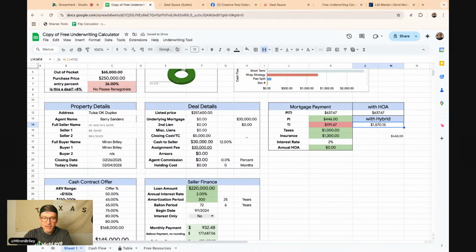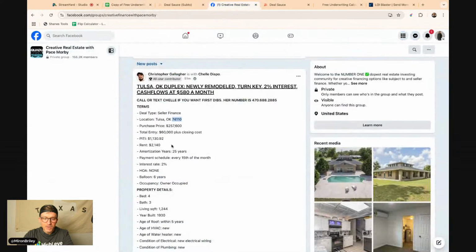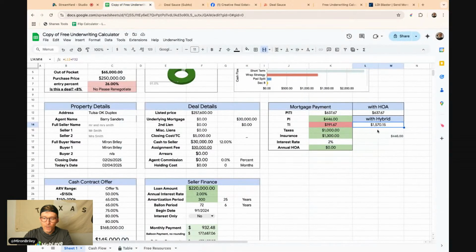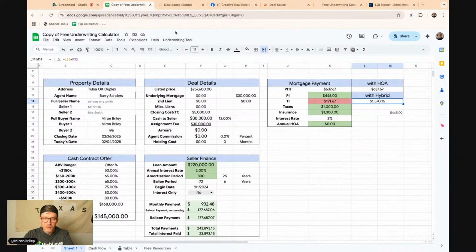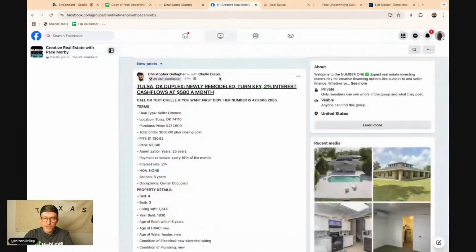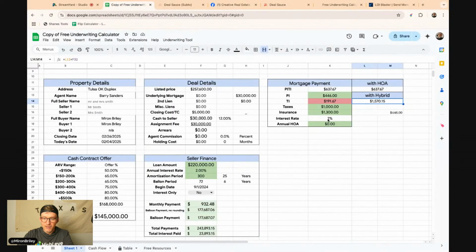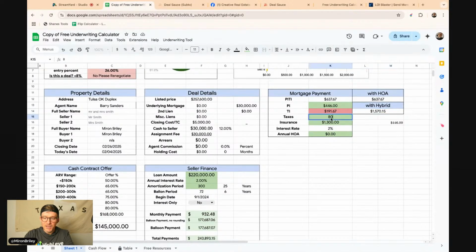So our payment is, what does he say our payment is? $1,130. Did he say 25 and 6 balloon, 2%? I can't be that far off.